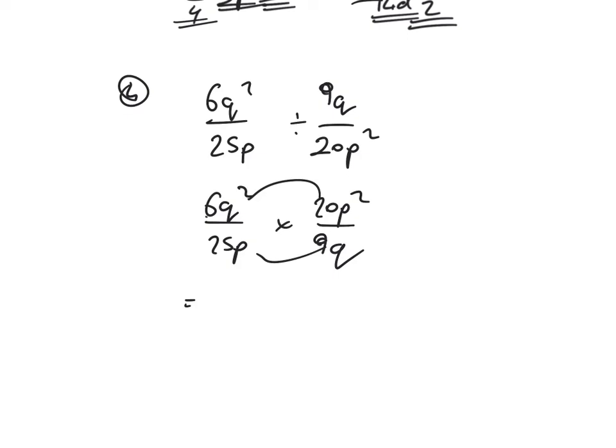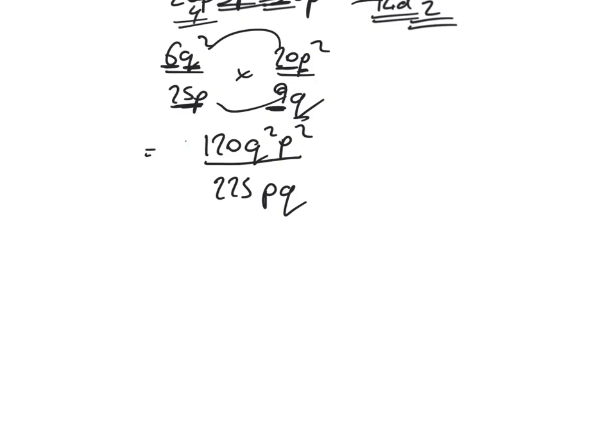Multiply the fractions. 6 times 20, take your time, that's 120, q squared times p squared, that's q squared p squared. 25 times 9, take your time, that's going to be 225, and then it's p times q, pq. Okay, so now we're at 120 q squared p squared over 225pq.